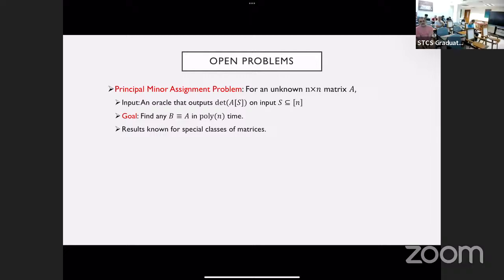Roshan, for this problem, can the description of an equivalent matrix in this sense just be obtained by knowing polynomially many determinants?